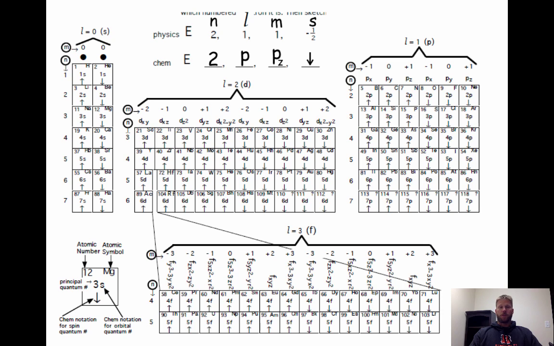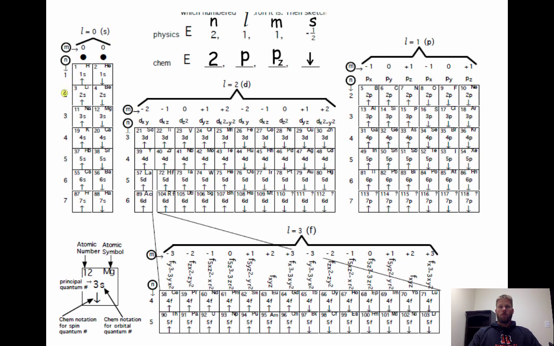I'm going to use a little different analogy that deals with a location. These quantum numbers refer to the electron's address on this quantum chart. And I like to think of the principal quantum number N as being what town it lives in. So this electron happens to live in town number 2.